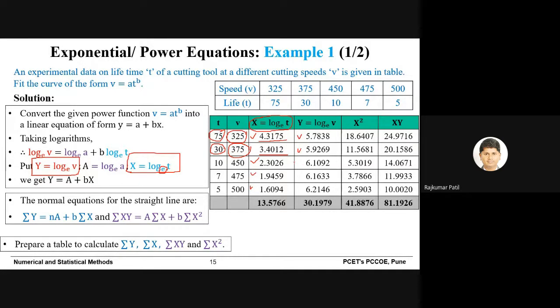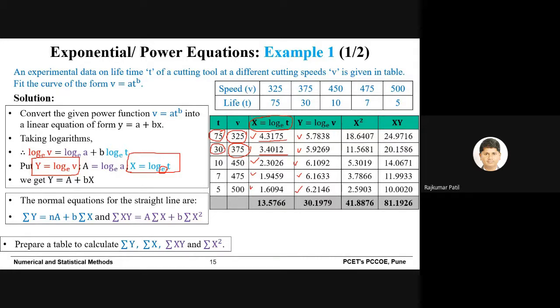And similarly you can calculate the remaining values of capital Y. Here I strongly recommend you to check the values of capital X and capital Y that I estimated, because during calculation I might have made some mistake. So you need to be very careful and check the answers for all the values.